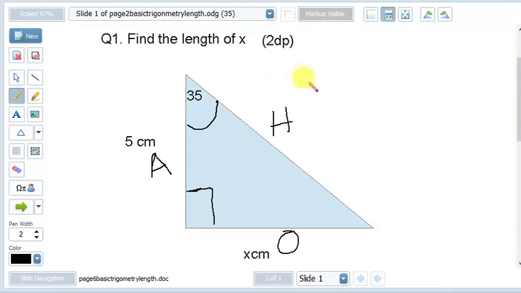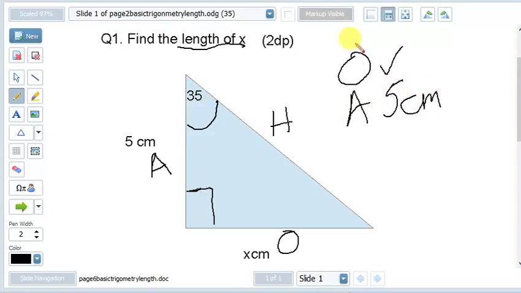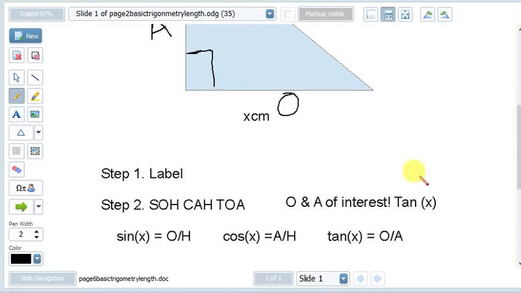In this case, what two sides are we interested in? We're after the length of x, so we definitely need to know what O is. We also know that A is 5, so therefore it's O and A that we're interested in. Now let's write down our SOHCAHTOA.